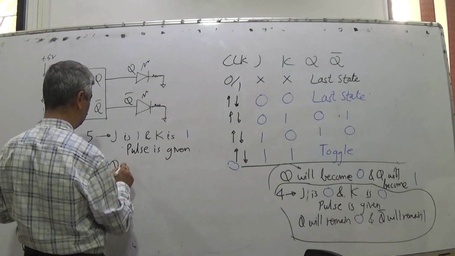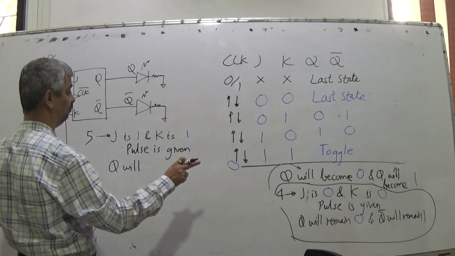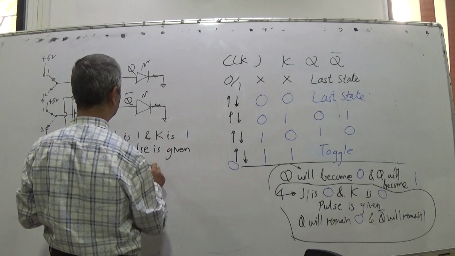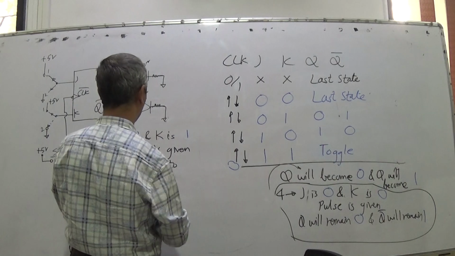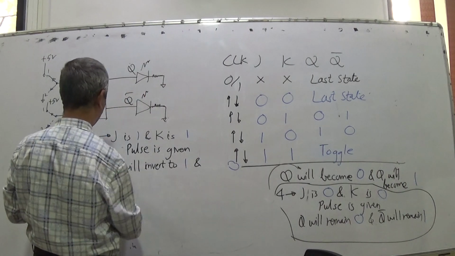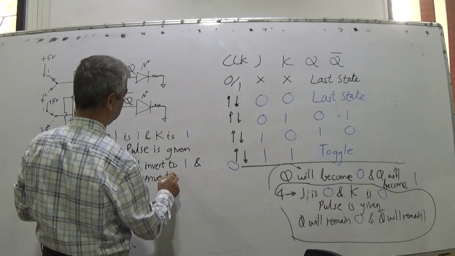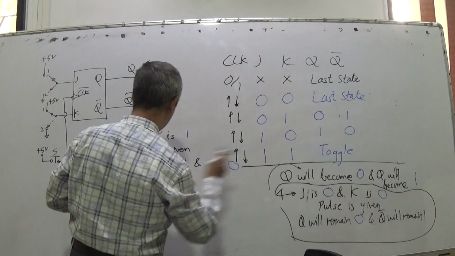Then Q, which was 0, will invert or complement to 1, and Q bar will invert to 0. It was 0 and 1, it will become 1 0.